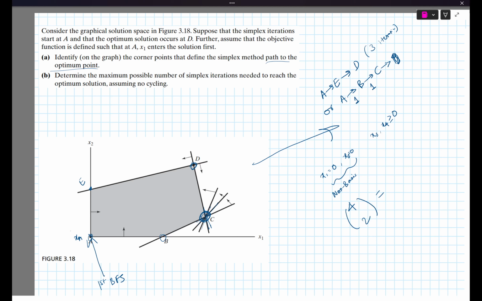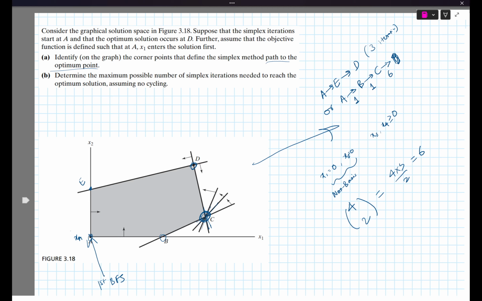That is 4 into 3 by 2, which is 6. Why are we choosing 4C2? Because there are 4 constraints at C, and in each BFS you will have two variables in the basic set.